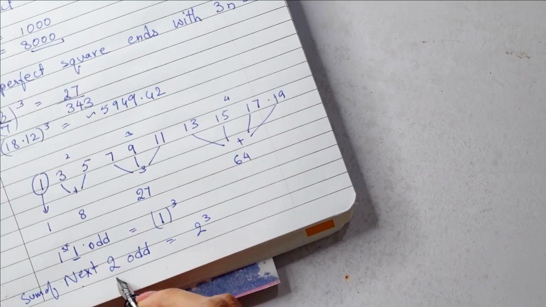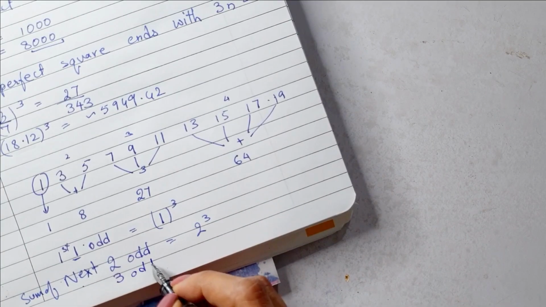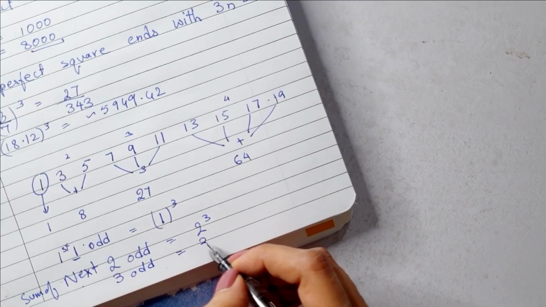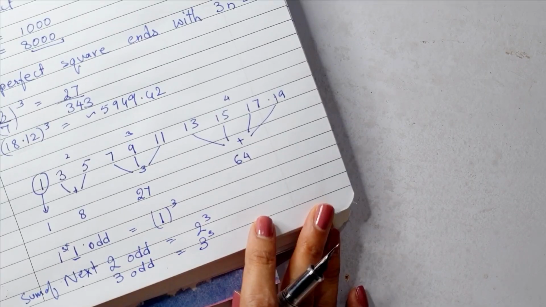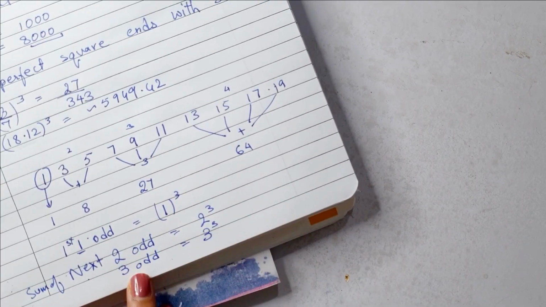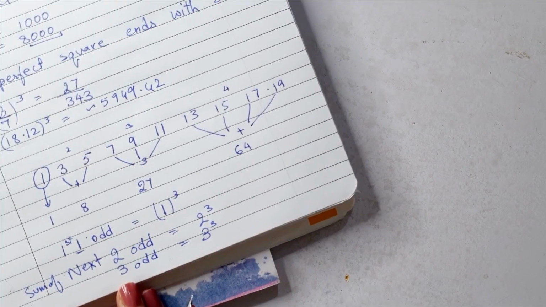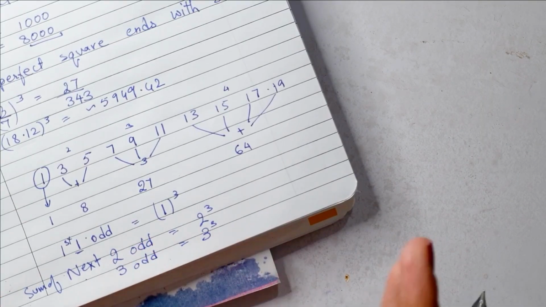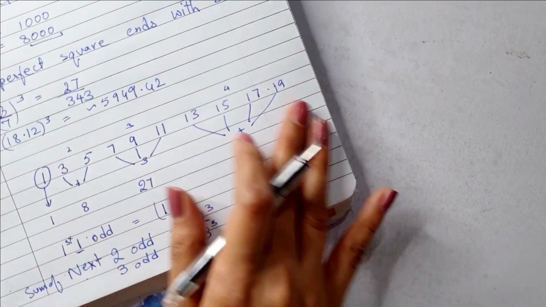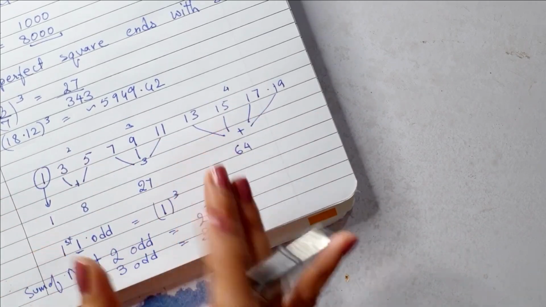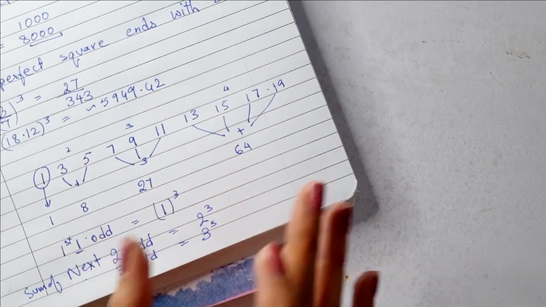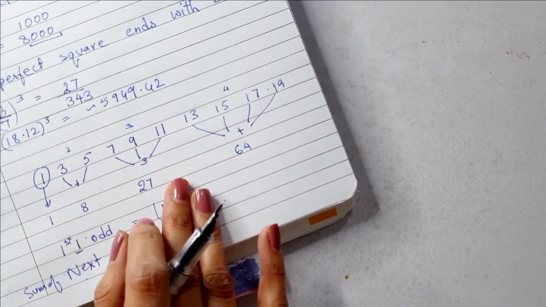The sum of the next 3 odd numbers will be 3 cube, and so on, right? So after this the next 4 will be 4 cube, then the next 5 will be 5 cube, then the next 6 will be 6 cube, the addition of all of these. Okay, this is just a property. It's not a way to actually find the square, the cube or the cube root. It's just a property, right?